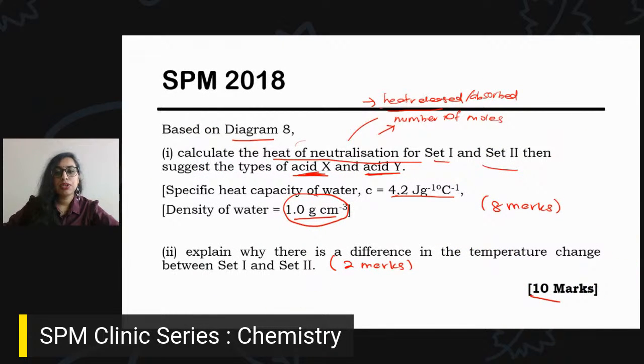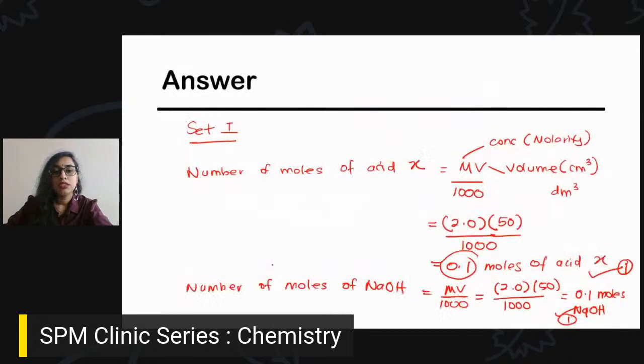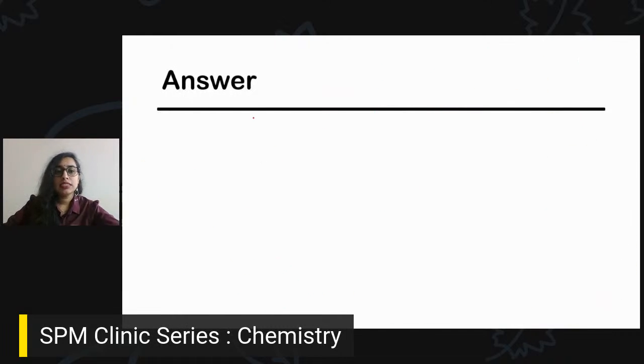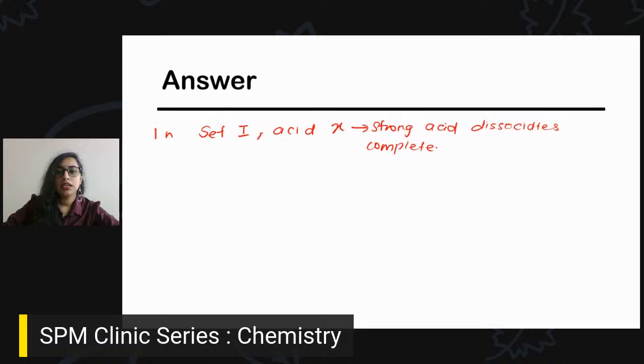Explain why there is a difference in the temperature change between set 1 and set 2. So let's explain why. In set 1, acid X is a strong acid. So what does a strong acid do? A strong acid dissociates completely in water.